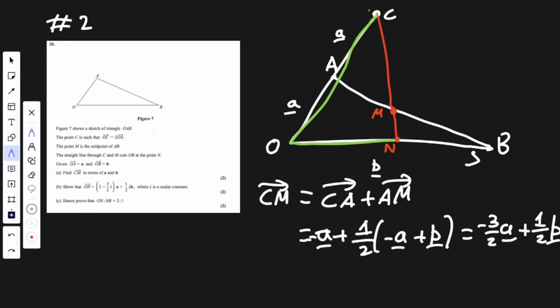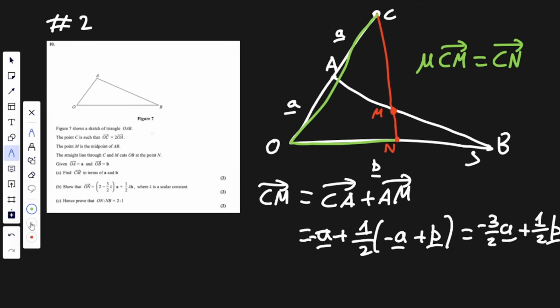Or we could go up to C and use the fact that C to N is sort of like an extension. So it's kind of like lambda multiplied by CM. And I'm actually not going to use lambda because I don't know if this constant is going to be incorrect. So I'm going to actually use mu. So I'm going to say that mu times CM is equal to C to N.